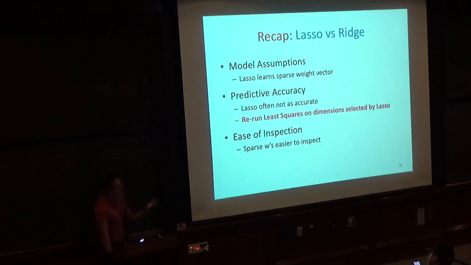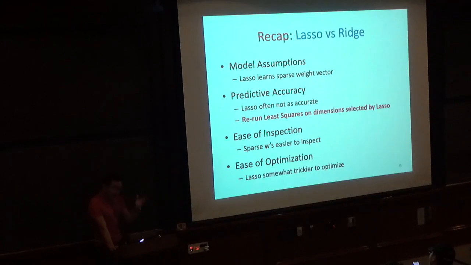And in fact, people these days try to have new notions of sparsity in neural net architectures. Interpretability is a very important challenge. Finally, Lasso is in many cases, at least with naive approaches, harder to optimize than squared L2 norm, but there are some tricks you can do to make it pretty fast.